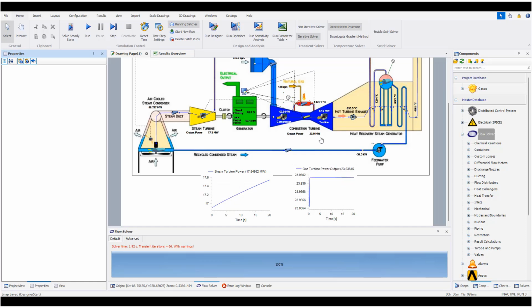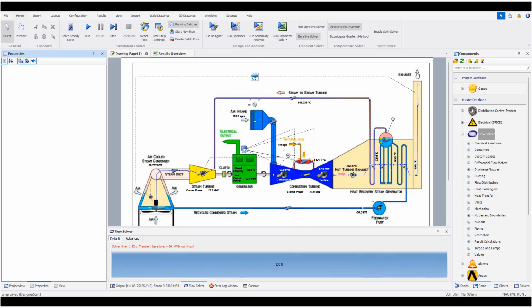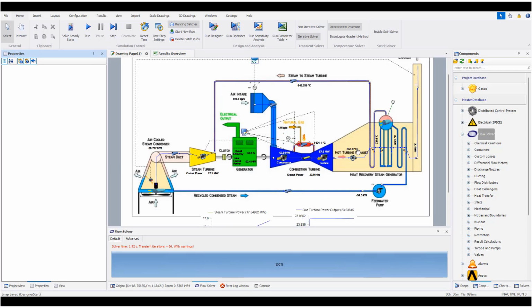And here we have some numbers showing what's going on, for example for the gas turbine, the output power, and the steam turbine the same, and also the temperatures of the hot gas exhaust that is vented out to the ambient, and at the same time hits the water cycle here and converts it to the steam that needs to be sent out and used by the steam turbine.